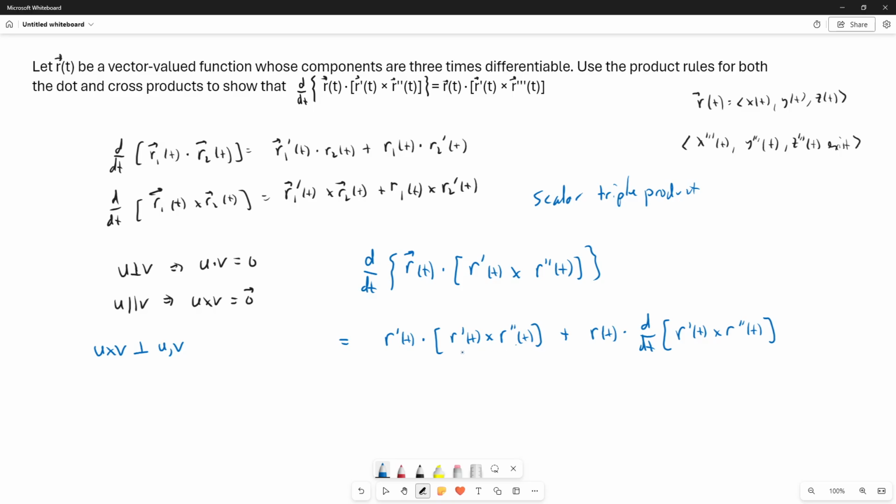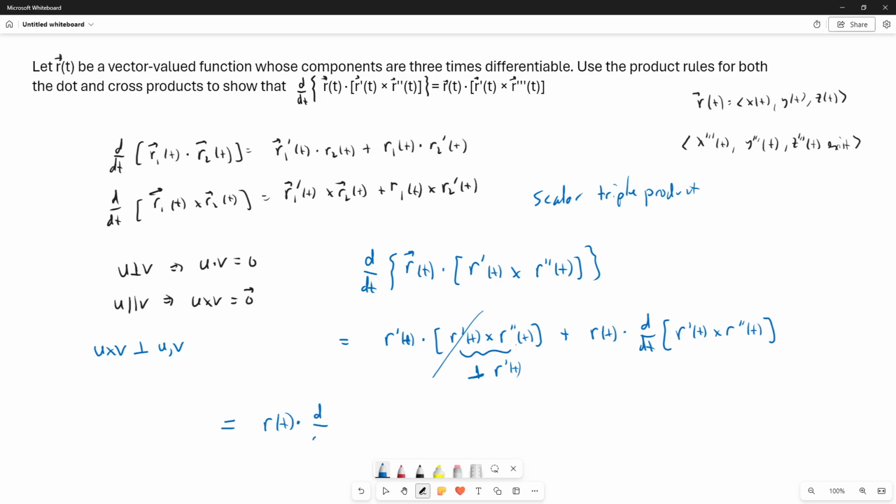So the resulting vector here is perpendicular to both of these. In particular, it's perpendicular to R prime of t. And here we are dotting it with R prime. So R prime dotted with a vector that's perpendicular to itself is 0, the scalar 0. So this whole part becomes 0, and we're left with R of t dotted with, and now we need this derivative.